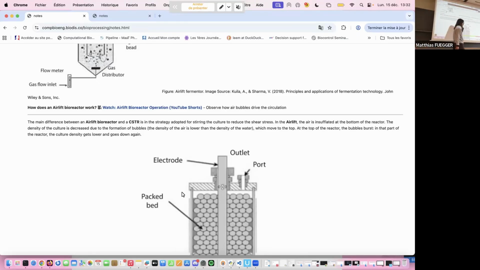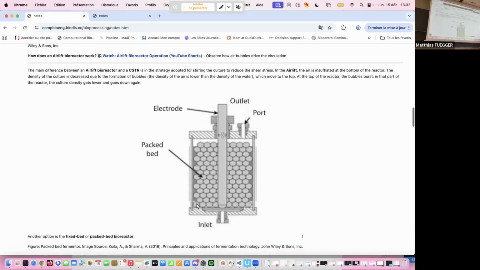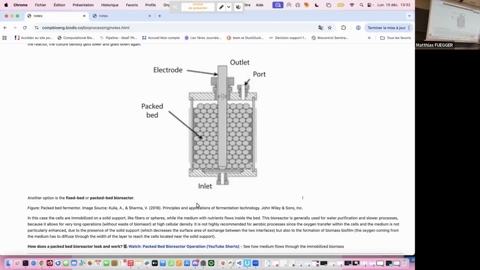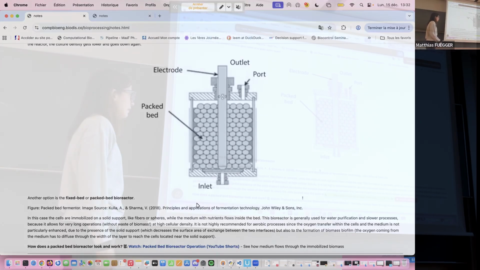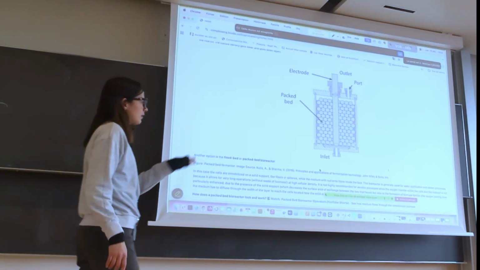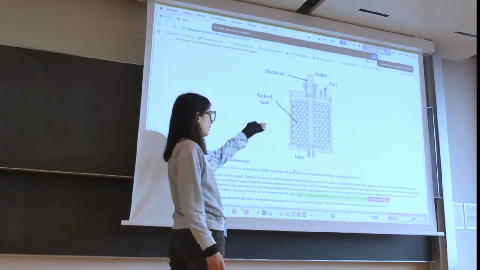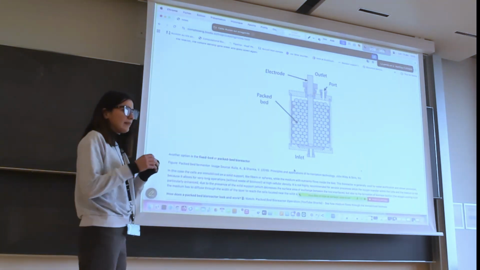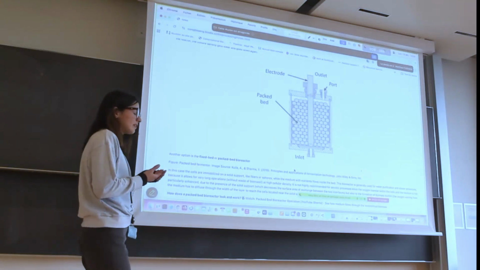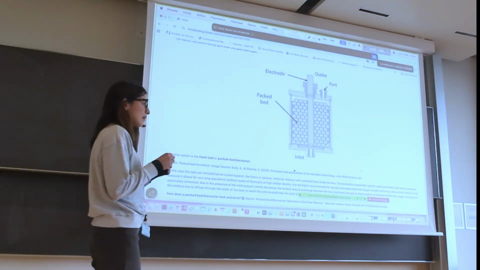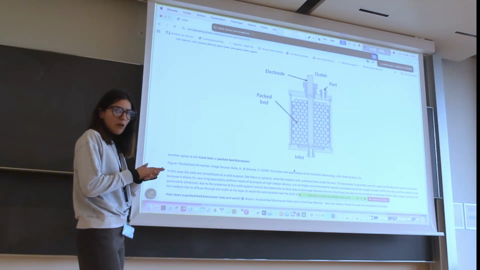There is also another kind of bioreactor, that is this one. This is called the fixed bed bioreactor. The fixed bed bioreactor is made in this way. We have the tank, and inside we have a sort of bed that is a solid structure where the biomass is stuck on it.